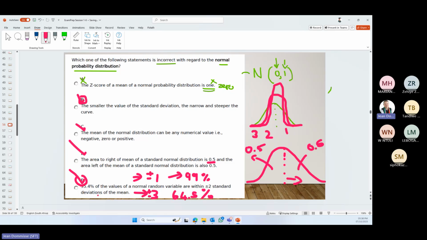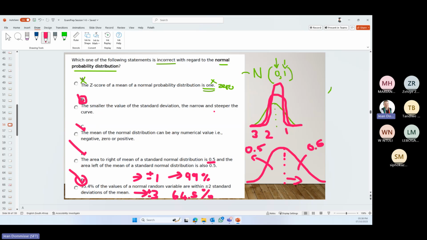They could have said to you that 1 standard deviation, 2 standard deviations, 3 standard deviations means the steeper the curve at 1 standard deviation versus 3 standard deviations.